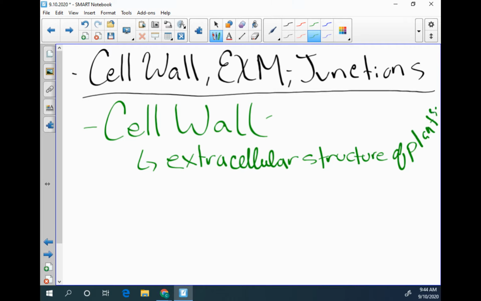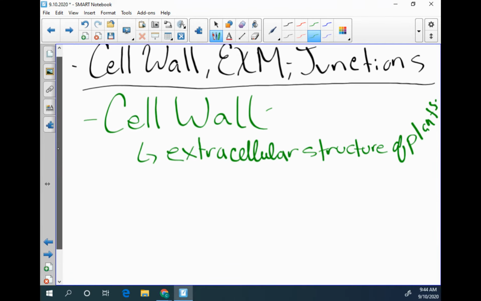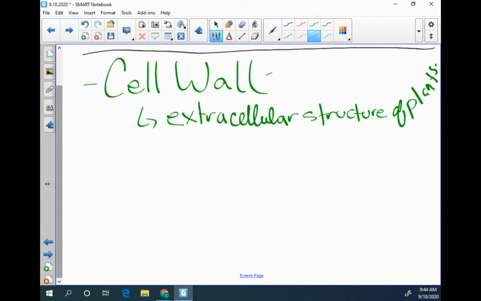So only plants have it, a couple bacteria, but we're not going to get super into that. But mainly plant cells, just an extracellular structure. It's a structure that the plant cell has that is outside of its, I want to say person, but cells aren't people. Anyway, extracellular, outside of the initial plasma membrane. That's what I want.